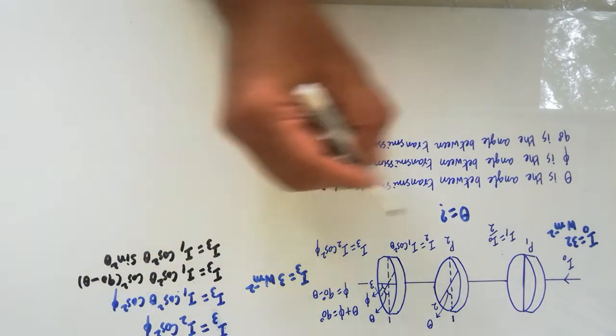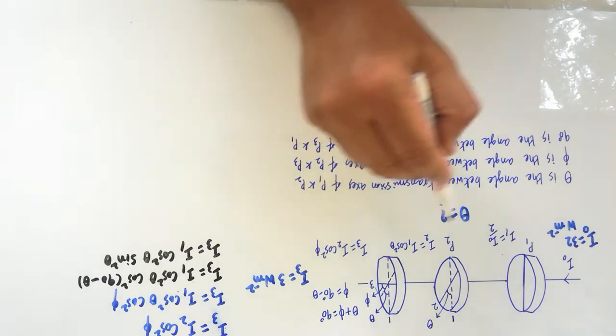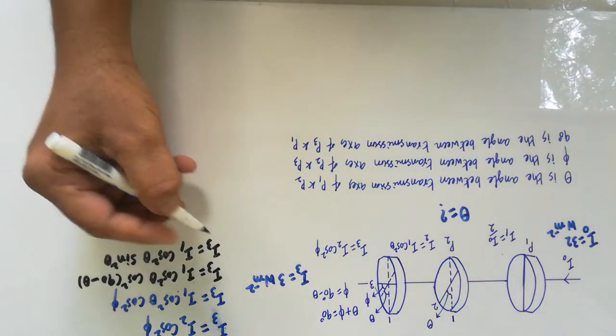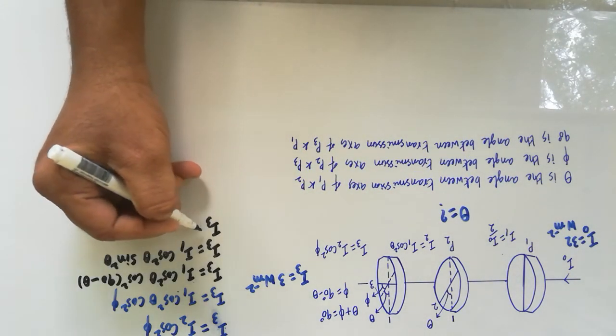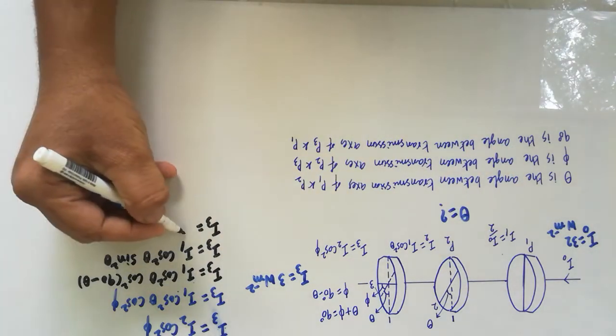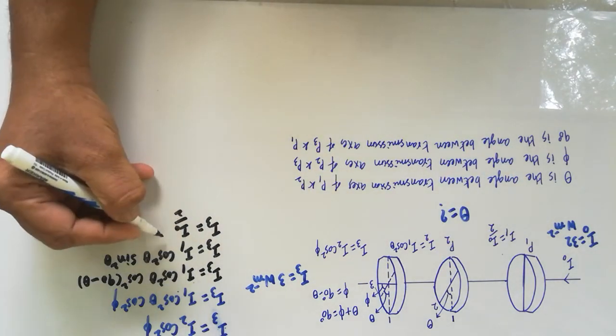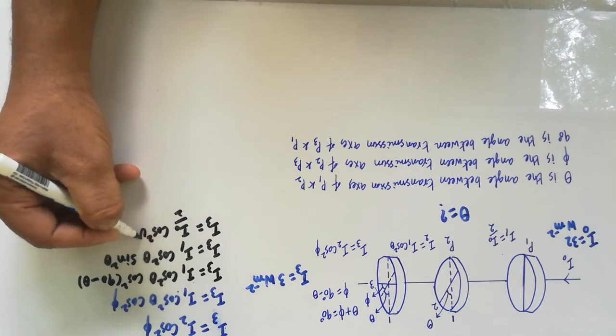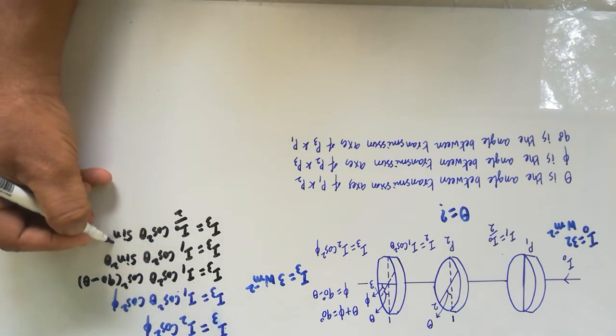Here we know the value of I3 and I1. Are you clear? I3 is equal to I1, whose value is I0 by 2, times cos square theta sin square theta.